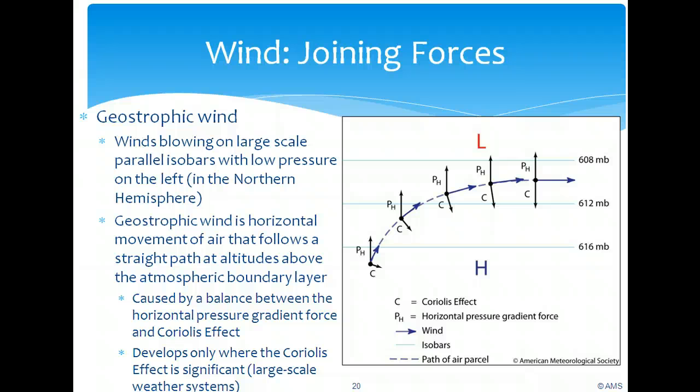This diagram approximates the evolution of the geostrophic equilibrium, a balance between the horizontal pressure gradient force and the Coriolis effect. The geostrophic wind blows parallel to straight isobars at altitudes above the atmospheric boundary layer.